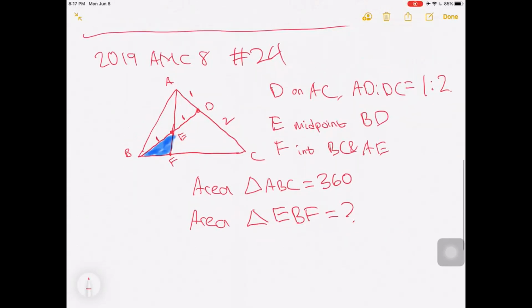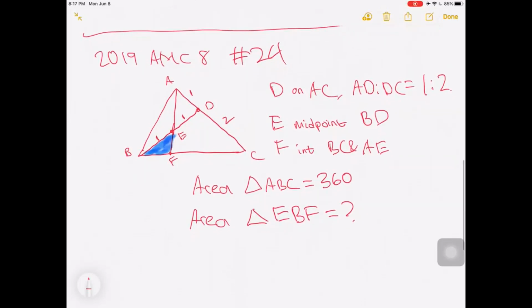So once again, we just start by assigning a mass to any point in the triangle. It doesn't matter really, but let's just say we start with C, and we assign it a mass of 1. So we know that the mass times the distance has to equal the mass times the distance here.